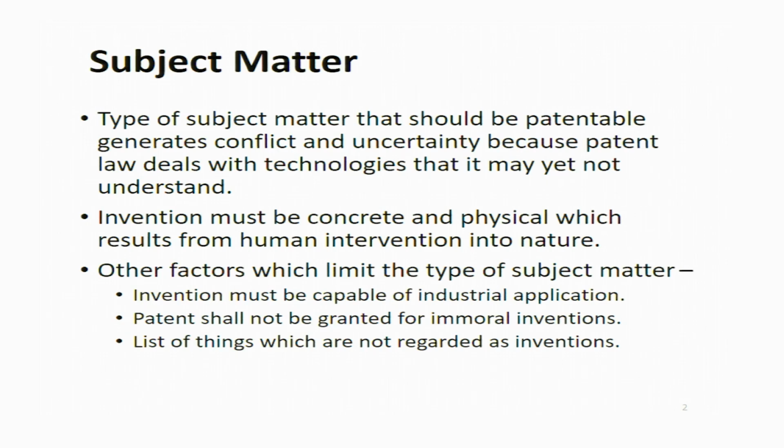And the last, in our Patent Act 1970, we have a list of things which are not regarded as inventions in the first place. So we will basically talk about these two things in this session. What is the list of things which are not regarded as inventions? Section 3, we will also talk about section 4, and patent shall not be granted for immoral inventions. How do we decide the immorality of the invention is something which we will talk about in this lecture.